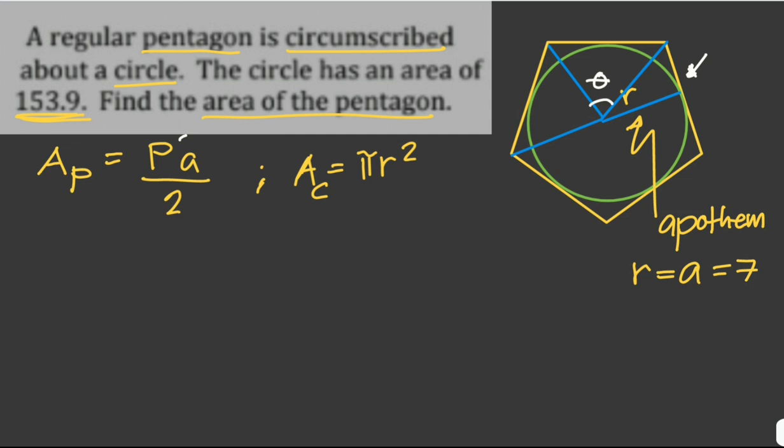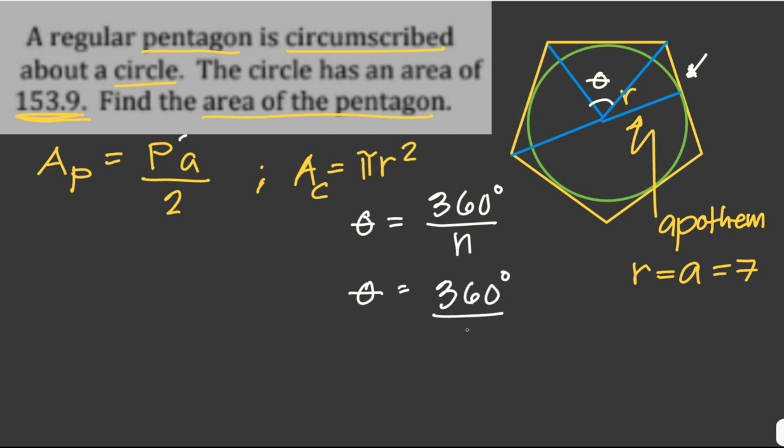So theta here is just equal to 360 degrees divided by n, where n is the number of sides of a polygon. In this case, we have 5 sides because this is a pentagon. So 360 degrees divided by 5, and theta is just equal to 72 degrees. Therefore, each of the angles here is equal to 72 degrees. Therefore, this angle here is half of this angle.